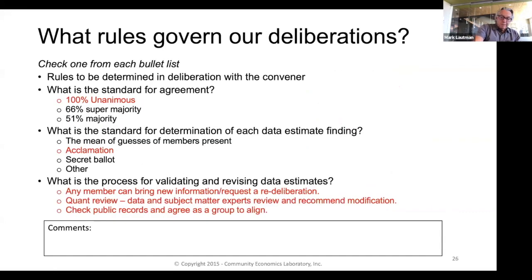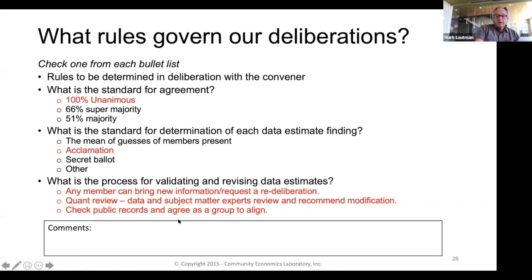What rules? We're looking for 100% unanimous consensus on every finding. If we get that, then whatever the calculus produces as conclusions are essentially already pre-accepted by the group, and you've got consensus on the findings. That way, you leave this process with a group of people, a lot of whom are not going to agree on very many other things, but they've agreed on the parameters for this economic development recovery.